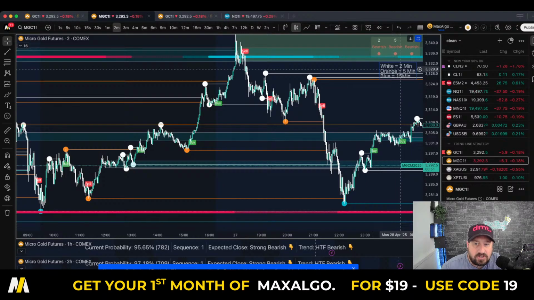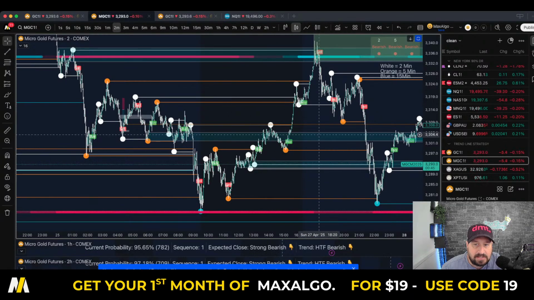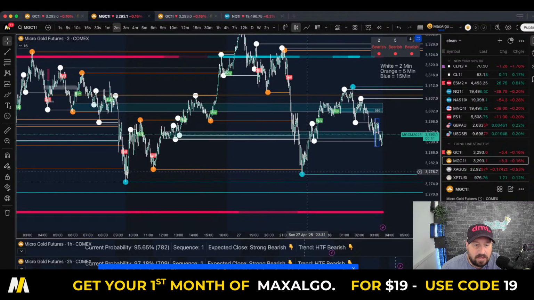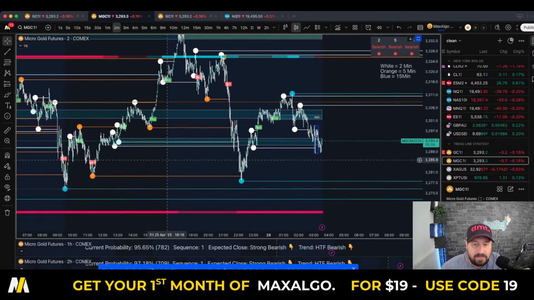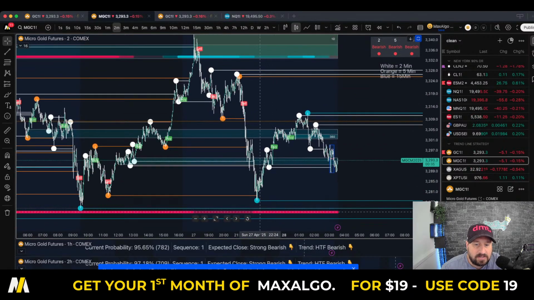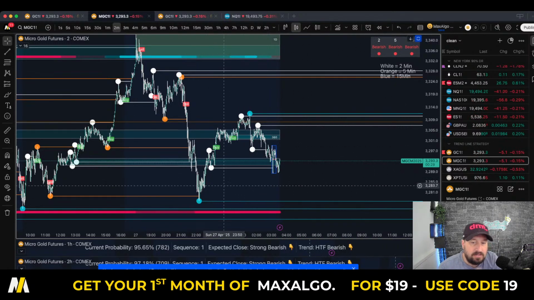So white is your 2 minute, orange is your 5 minute, blue is your 15 minute, right? So here's our 15 minute, you can see. So we failed to take the low on the 15 minute, but we've just put in another 15 minute low, right? So we failed to take the low, failed to take the high. So gold might be just putting in, you basically find yourself in a range with gold, right?